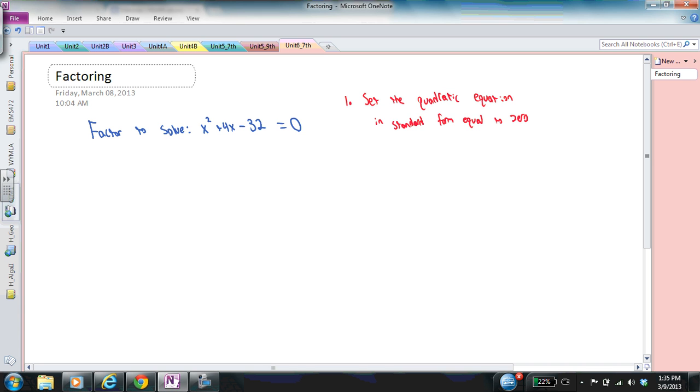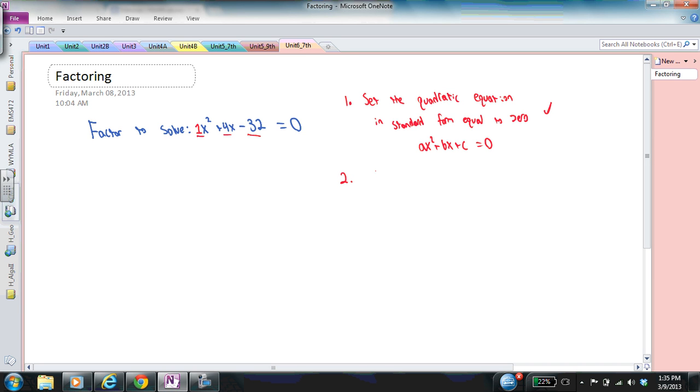Because remember, standard form is ax squared plus bx plus c. And we set that equal to 0. So here I've got ax squared, there's my a, it's 1, we don't write it necessarily. There's my b is 4, and there's my c is negative 32. So we're good on that step.